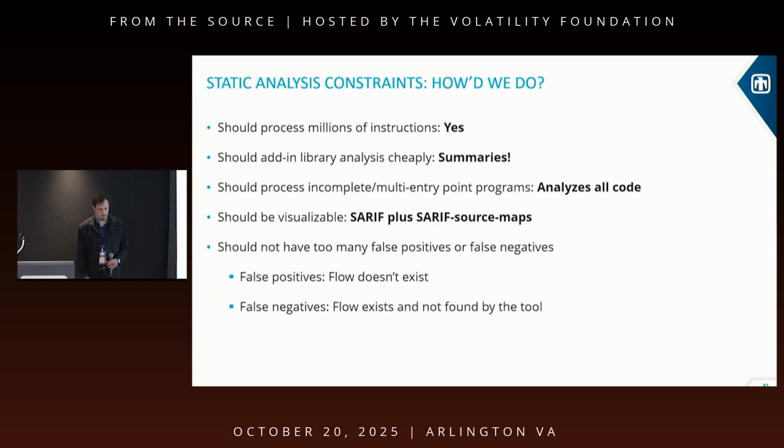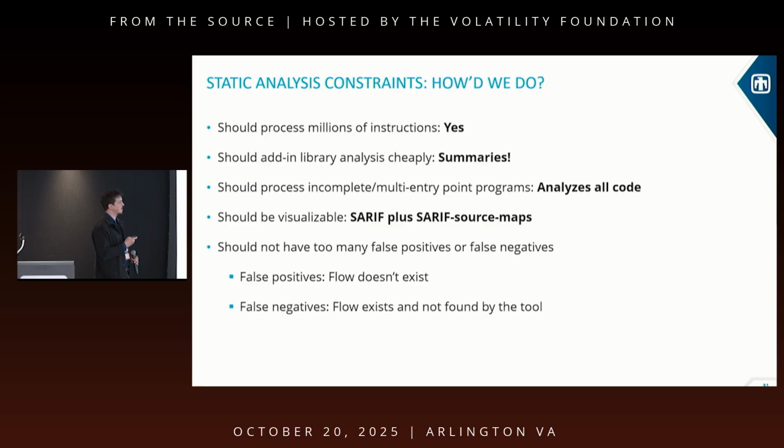Yeah. So let's return back to what constraints we had when developing Citadel. It can process millions of instructions. That's nice. Sometimes the RAM is a little bit more than we would otherwise like. So I talked about how function summaries are developed and how they're the core thing that enables our capability.